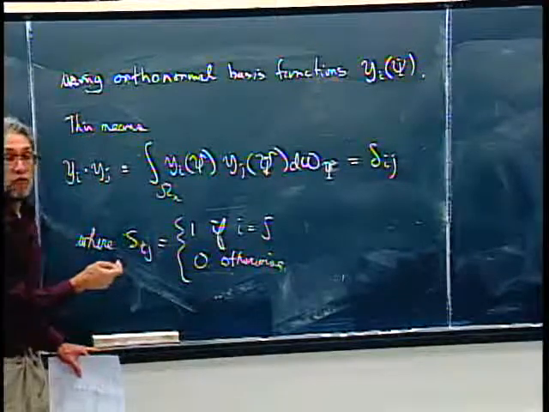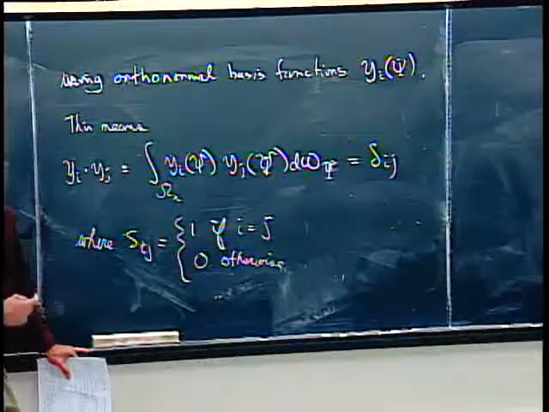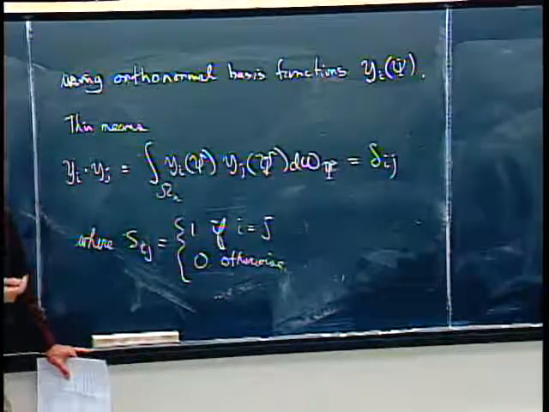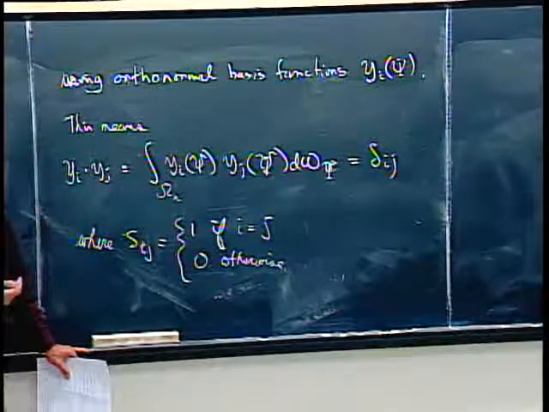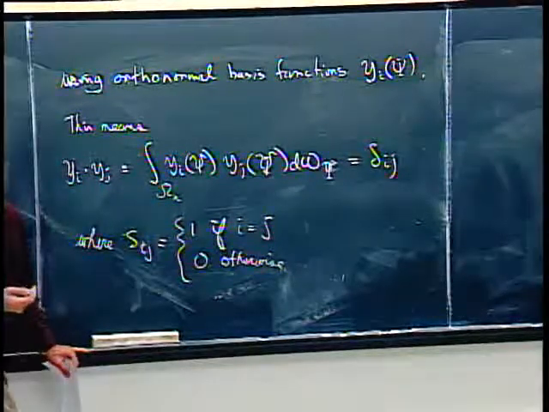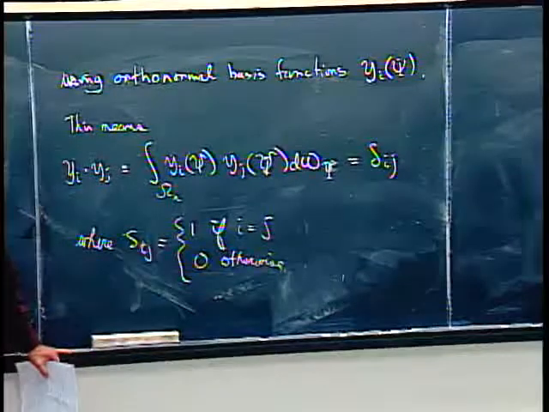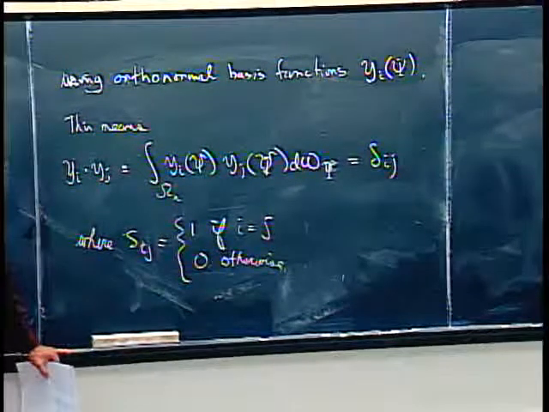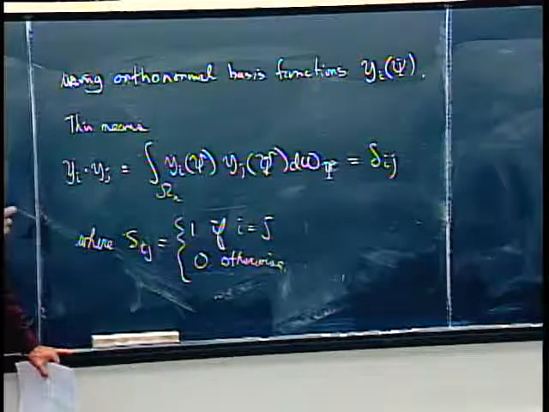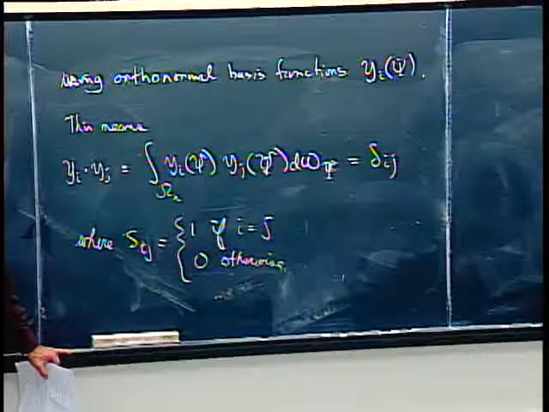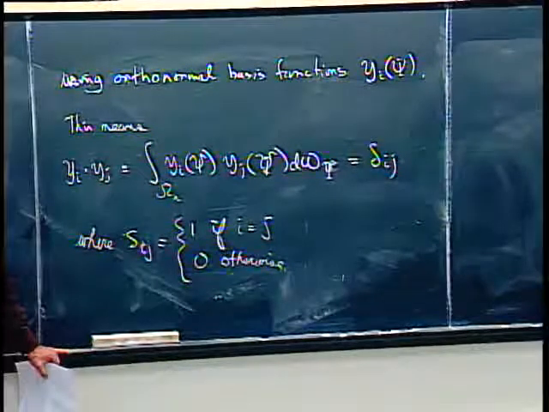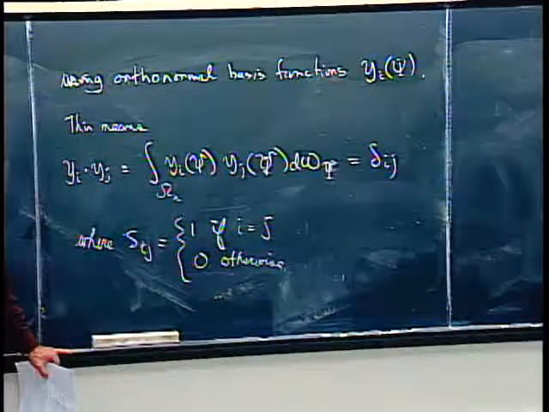So we're looking at a function space of continuous functions over the unit sphere, and we're turning it into a space with a dot product by integrating the product of the two functions. It's called an L2 function space, because the norm of a function in that function space is the integral of the square of the function.